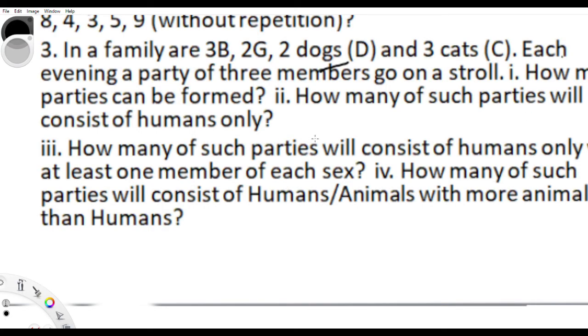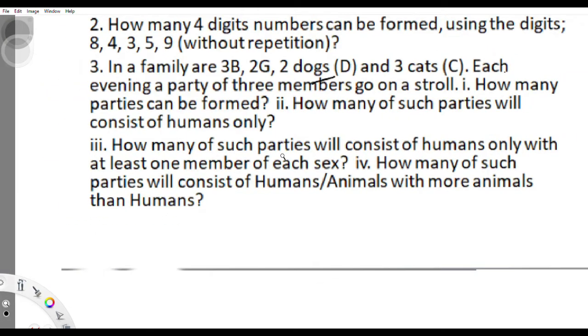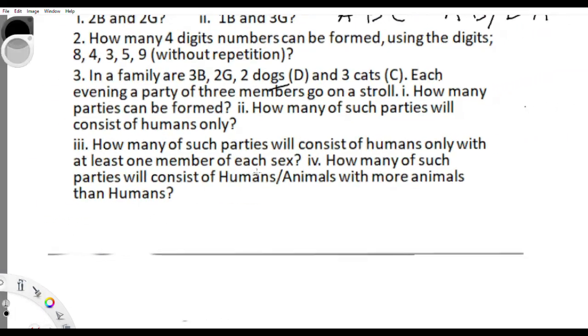How many parties, consisting of only humans? Okay, now there's another question. How many parties, or how many of such parties will consist of humans only with at least one member of each sex? At least one member of each sex. Now this one is a little bit tricky, and I would like you guys to calm down and listen to this part.